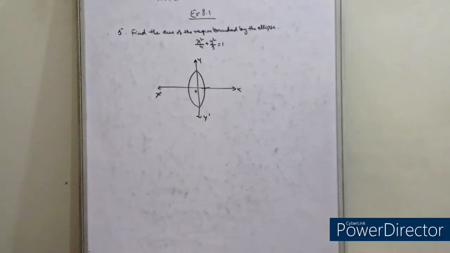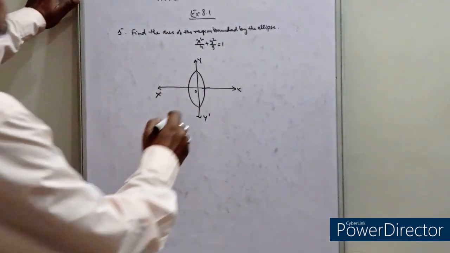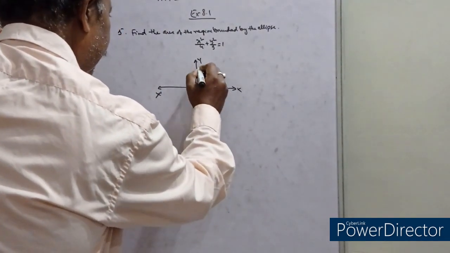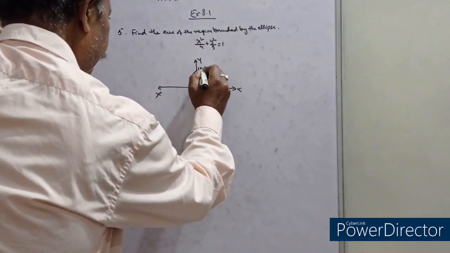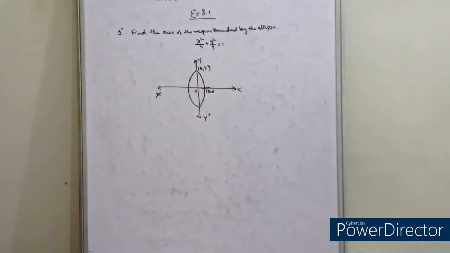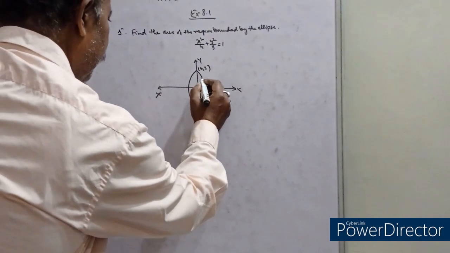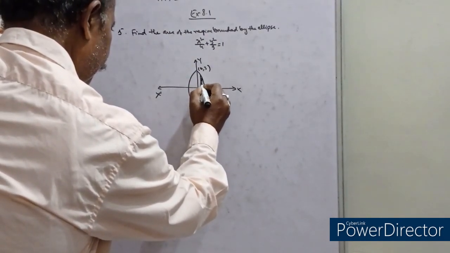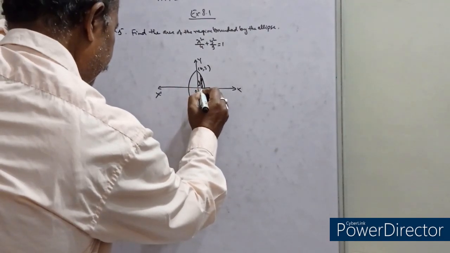So now this is 2 comma 0 and this is 0 comma 3. So now how to find out the area? Let us consider a rectangle here. This is a rectangle, this is y dx.